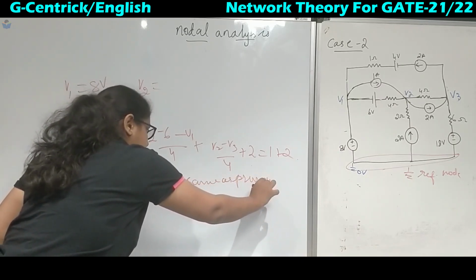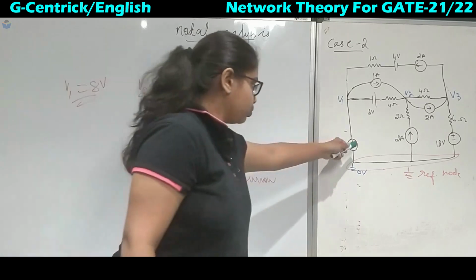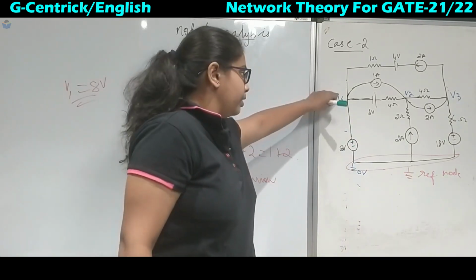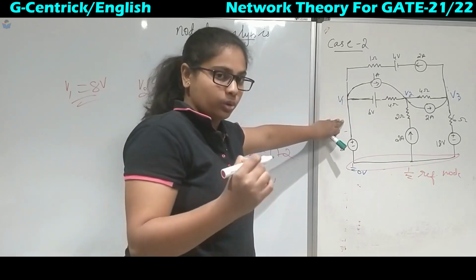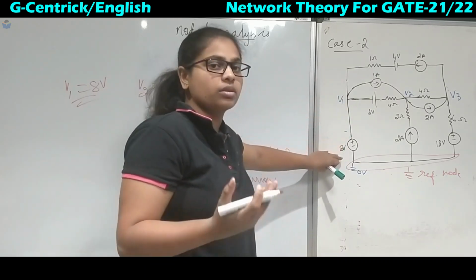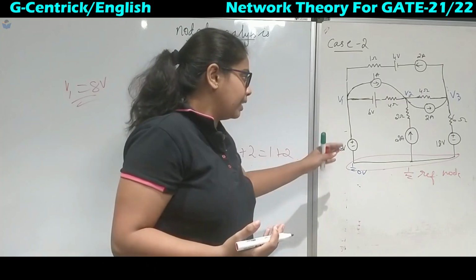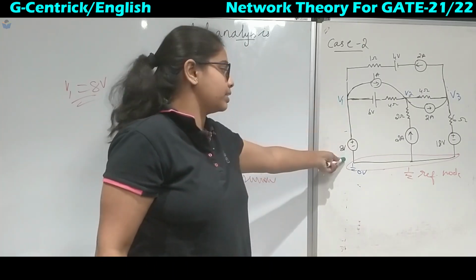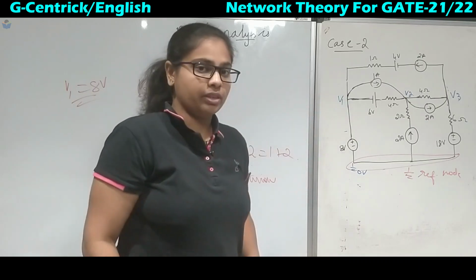Whenever you get an ideal source with the reference node and there is no element present in the branch, it means there is no element in series with this source voltage. So whatever the value, it will appear the same as V1.